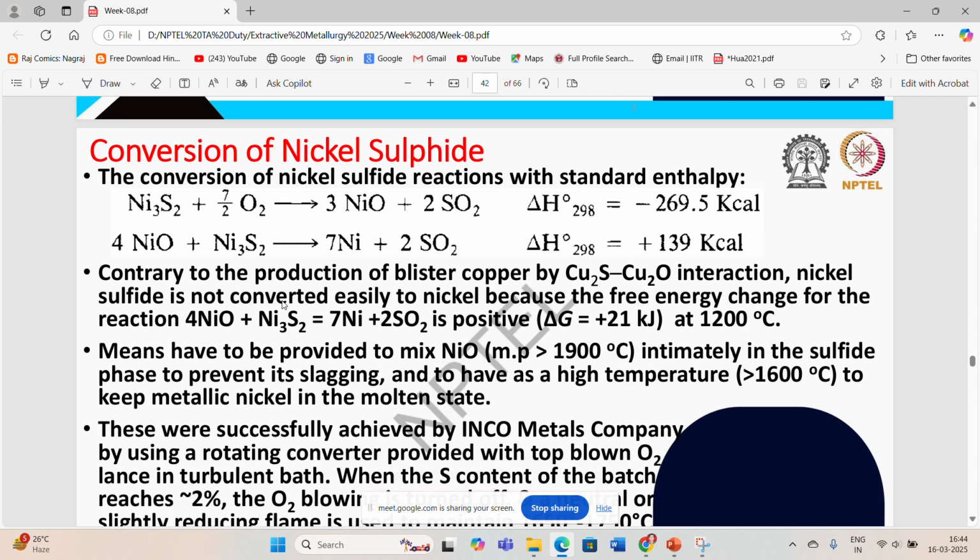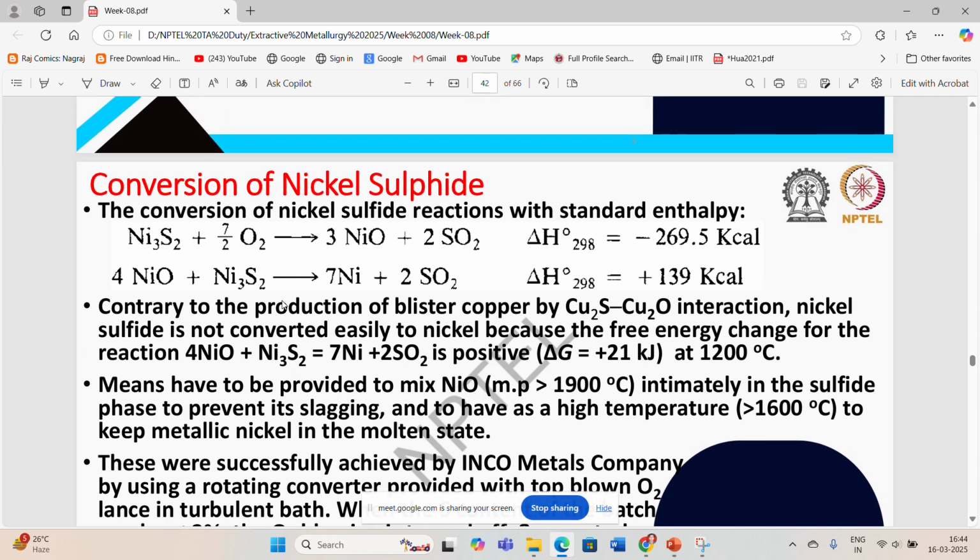So now coming to the nickel sulfide conversion. As we had already talked about previously, nickel sulfide is very difficult to convert into metallic nickel during the copper pyrometallurgical process. The major problem is that somehow we have to recover this nickel content from the copper ore during the copper converting or matte smelting process, because we have very limited sources of nickel metal.